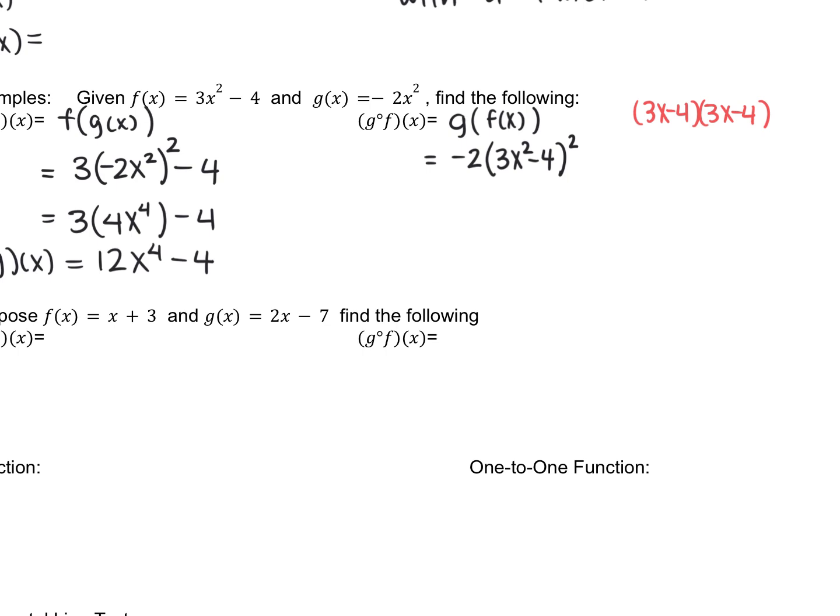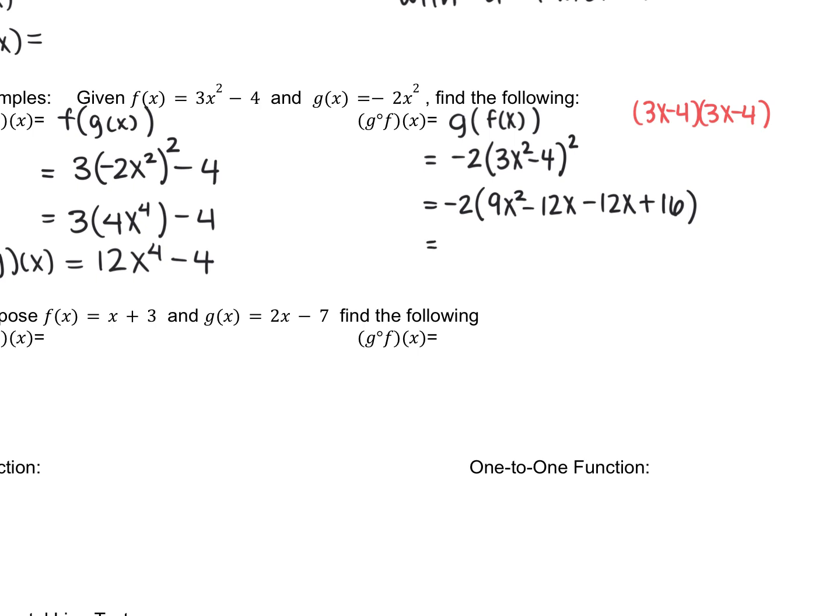So it's going to become negative 2 still in front, and then 9x to the 4th minus 24x squared plus 16. And I have two choices here. I can either combine like terms in the parentheses and then distribute the negative 2, or I can distribute my negative 2 first and then combine like terms. It doesn't matter which one you do.